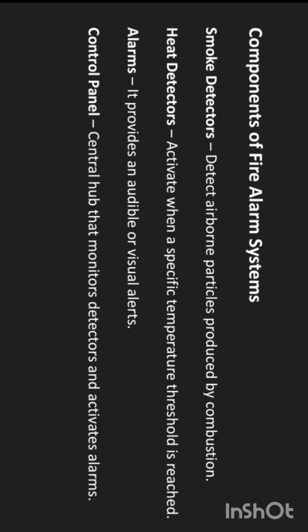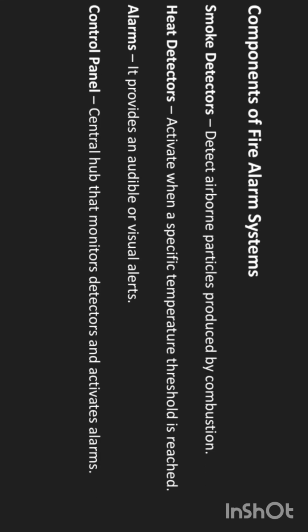Then comes the control panel. Even after installing the smoke detectors, heat detectors, and alarms in the building we have to protect from fire, we can't control the fire if we don't have the control panel or a person standing right next to it, having a close look at what is happening.